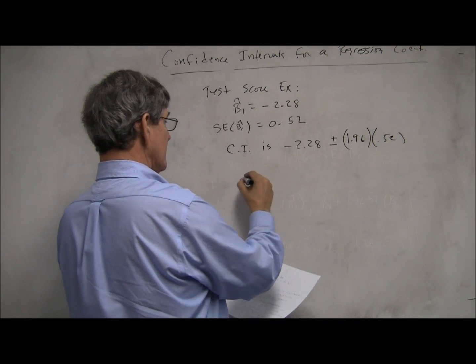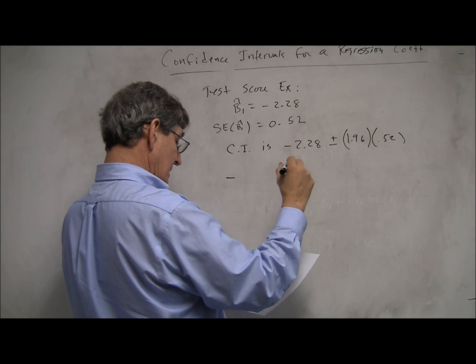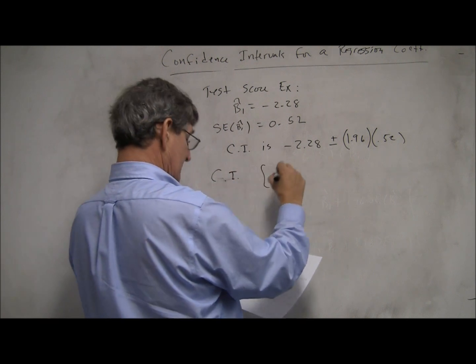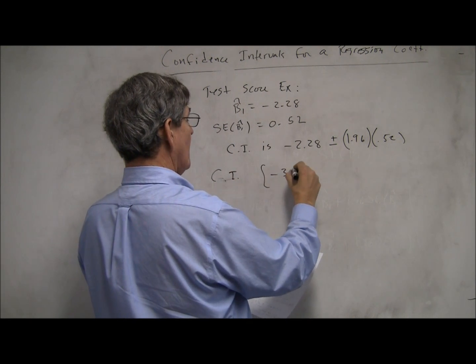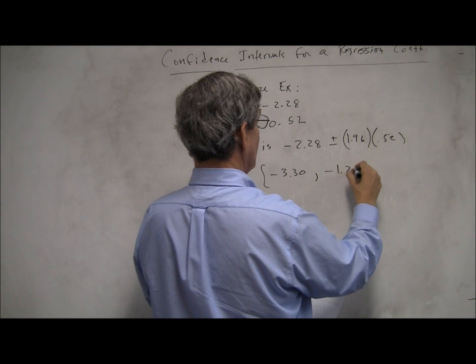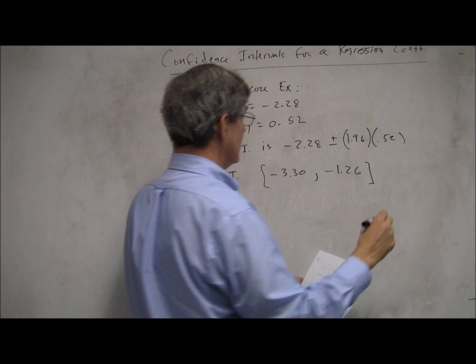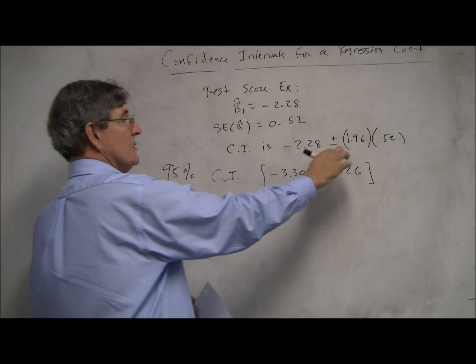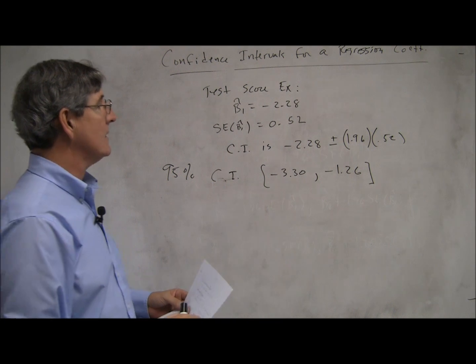What that tells you is the confidence interval is minus 3.30 to minus 1.26. That's a 95% confidence interval because we use 1.96 here.